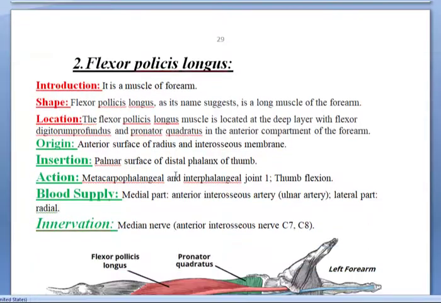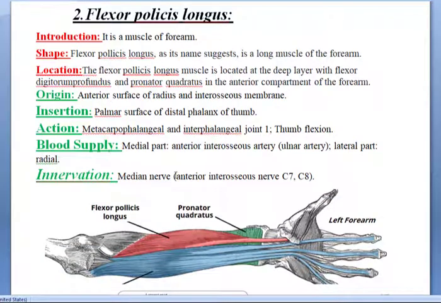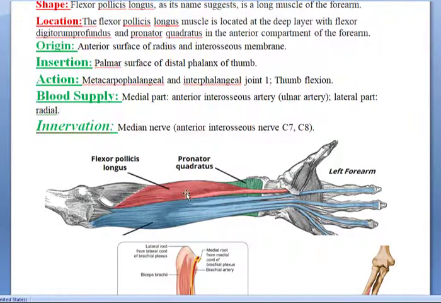Now the next muscle in the deep layer of the anterior compartment of the forearm is the flexor pollicis longus. Flexor means it will cause flexion, pollicis means thumb, and longus means long. So it's a muscle of the forearm. As its name suggests, it's a long muscle, right? Here you can see it. It is located in the deep layer with flexor digitorum profundus and pronator quadratus in the anterior compartment of the forearm.